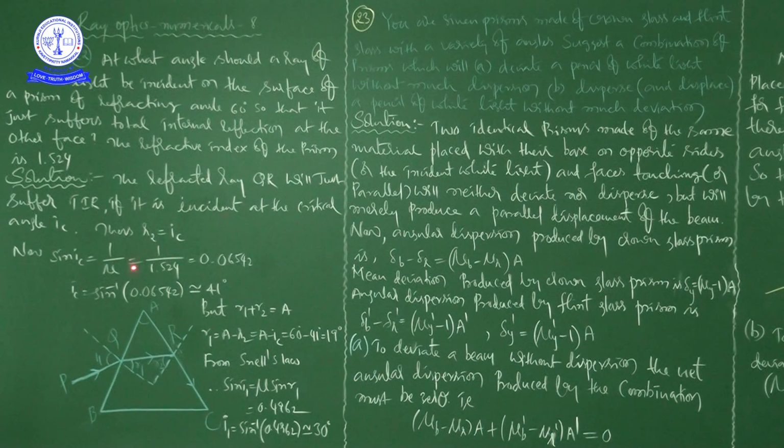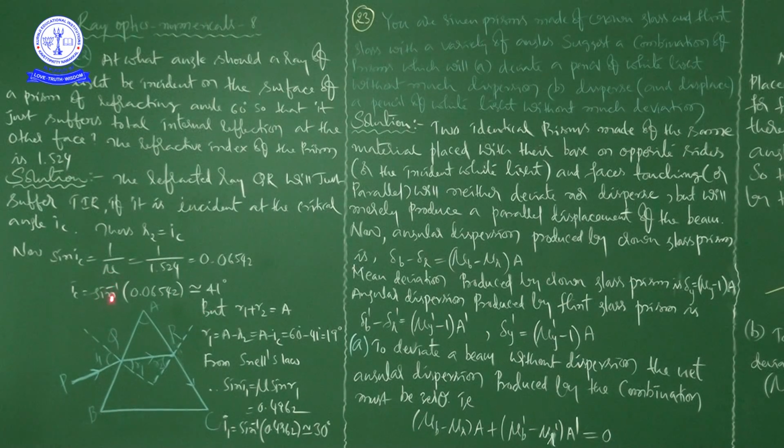So 1 by 1.524 is equal to 0.6562. So from this, IC is equal to sine inverse of 0.6562, which is approximately equal to 41 degrees, right?